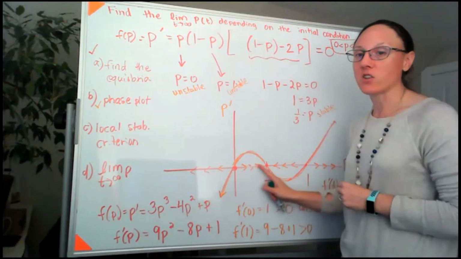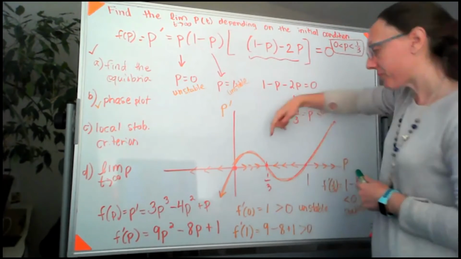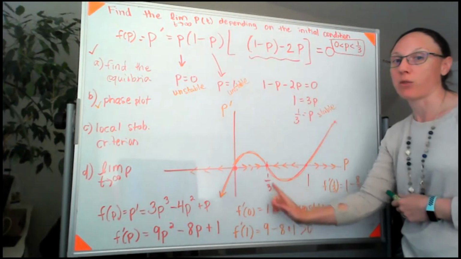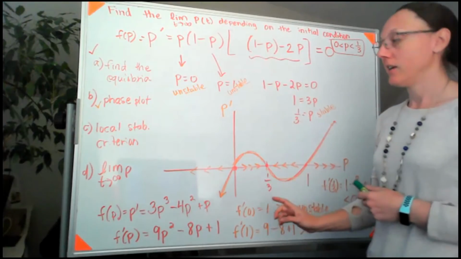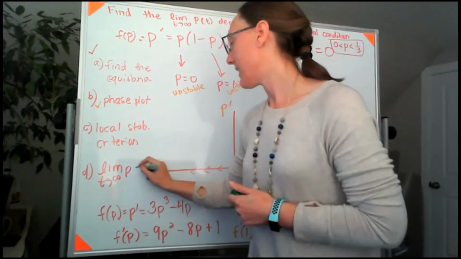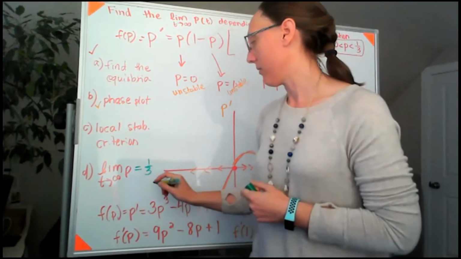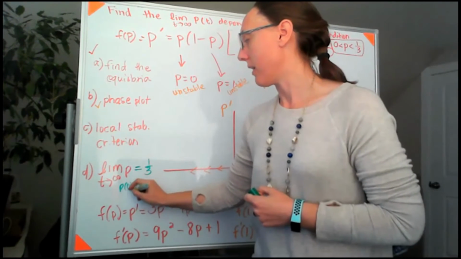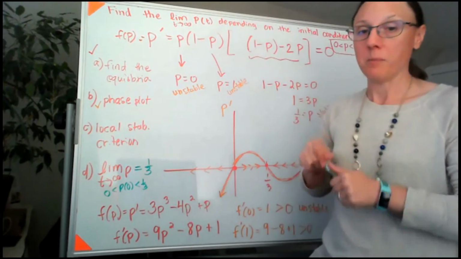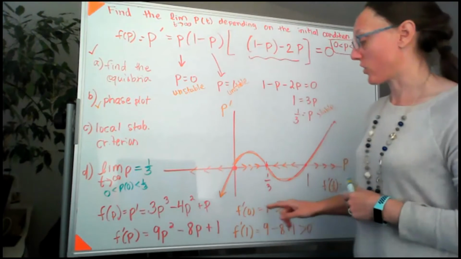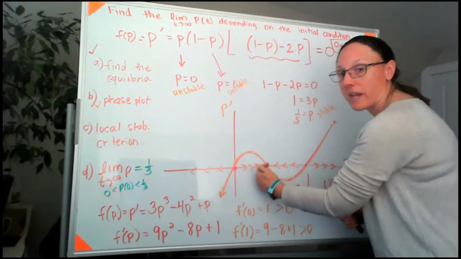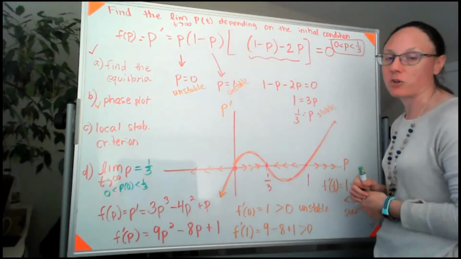And no matter where I start in that initial window, I'm going to get pushed over here to 1/3, which means the limit as t approaches infinity of p is equal to 1/3 as long as our p naught was between 0 and 1/3. So if we start off in this window, then in the long run, we're just going to follow those arrows towards whatever point we're headed to.